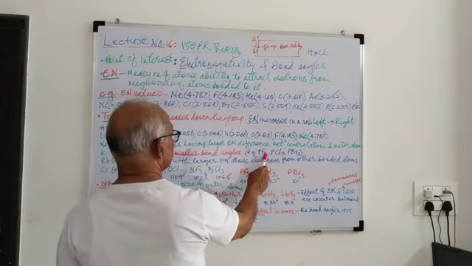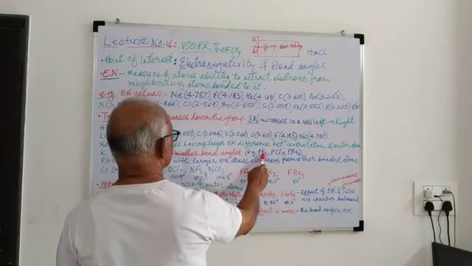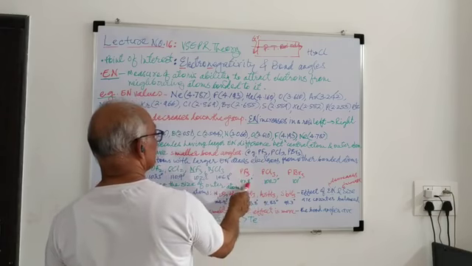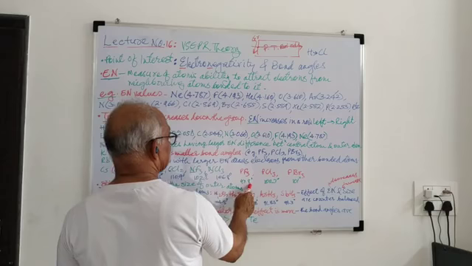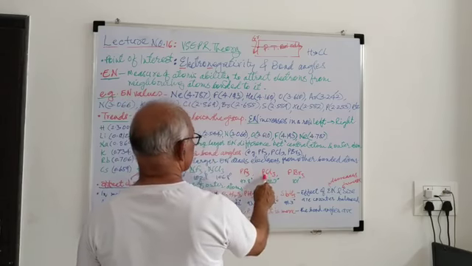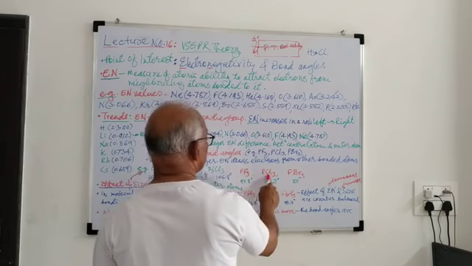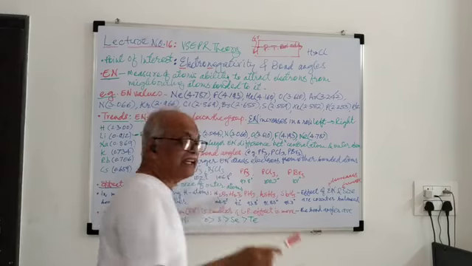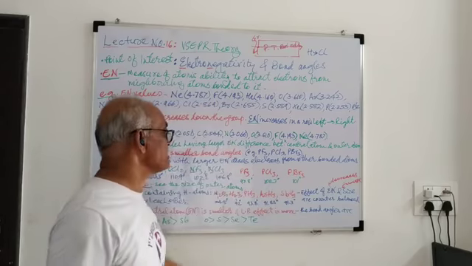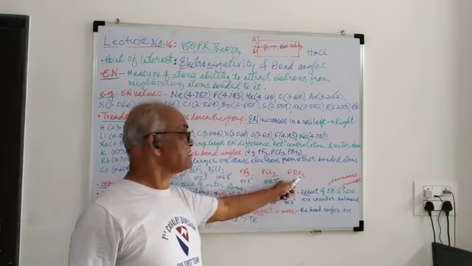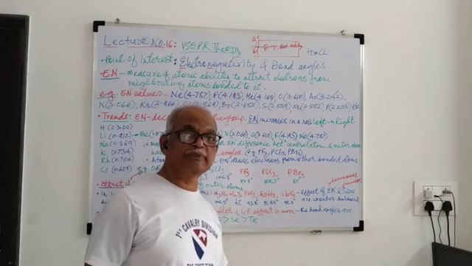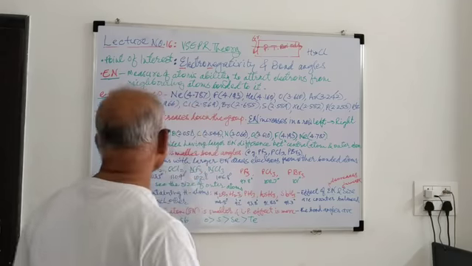So where the difference is larger, the bond angle value is smaller. As the difference becomes lesser, the bond angle increases. Again the difference of electronegativity between phosphorus and bromine decreases, so the bond angle is found to be increasing. So this is the trend.